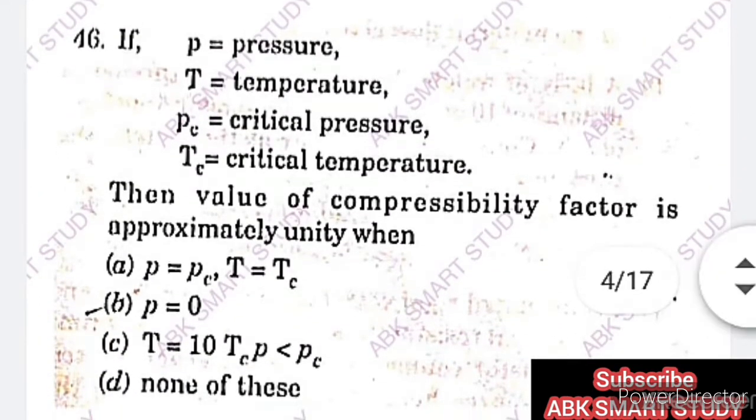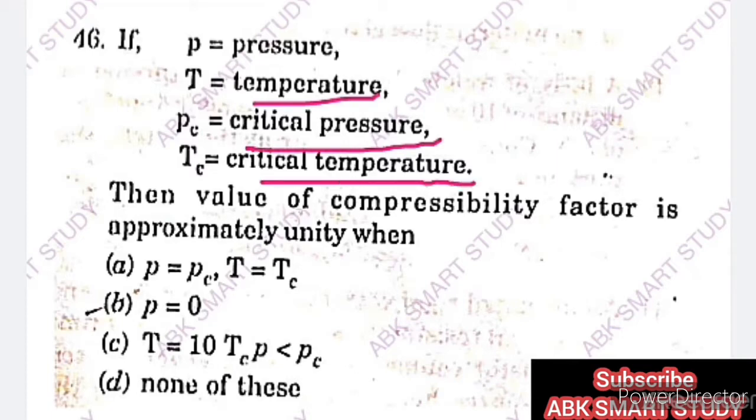If P is equal to pressure, T is equal to temperature, PC is equal to critical pressure, and TC is equal to critical temperature, then the value of the compressibility factor is approximately unity when. Here the options are given: A, P is equal to PC and T is equal to TC; B, P is equal to 0; C, T is equal to 10 TC and P is less than PC; and option D, none of the above.